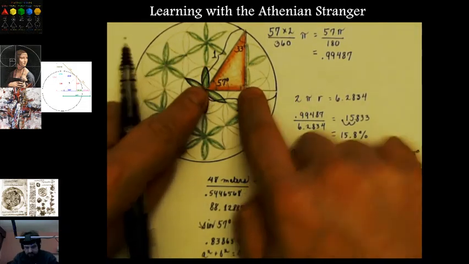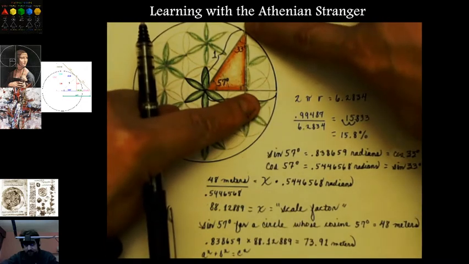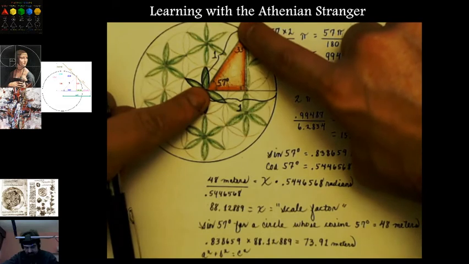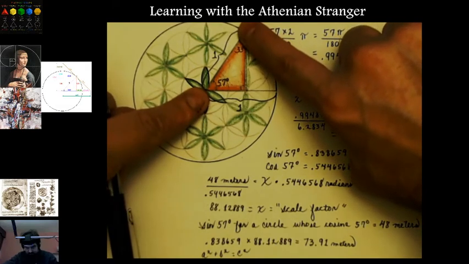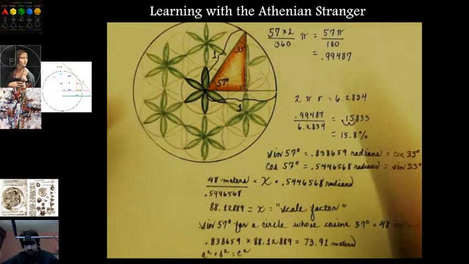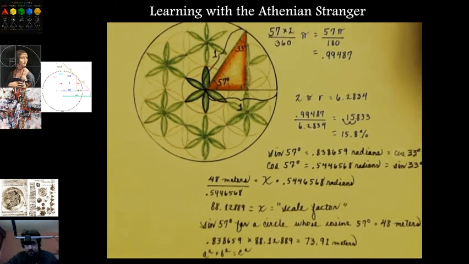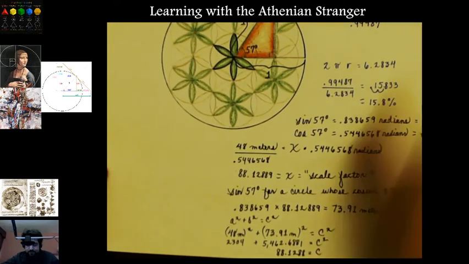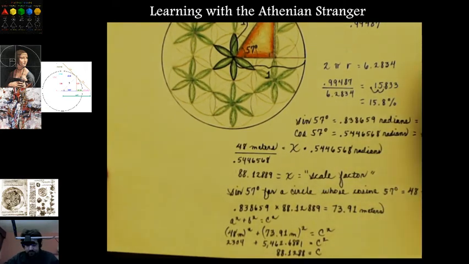So if this is 48 meters and this is 73.91 meters, this is 88.1288 meters. Okay, there it is, 88.1288.